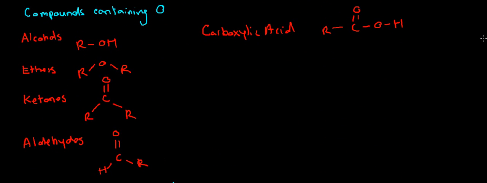Next are compounds containing oxygen. There are alcohol groups, which many people are familiar with. And this R is a symbol for carbon, so something like this. That means it's attached to a carbon chain. So an example might be methanol. So it's attached to 1 carbon. There can be stuff like this.